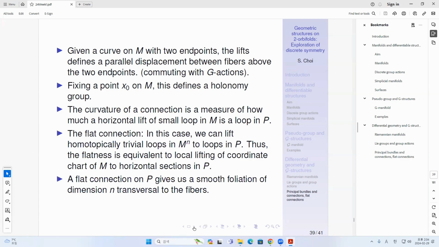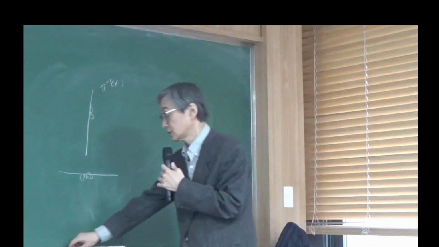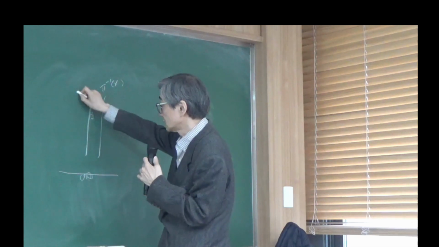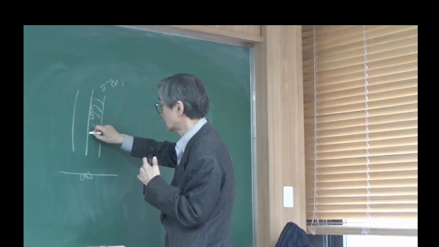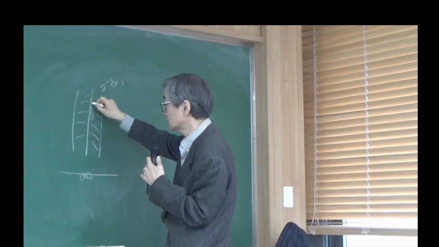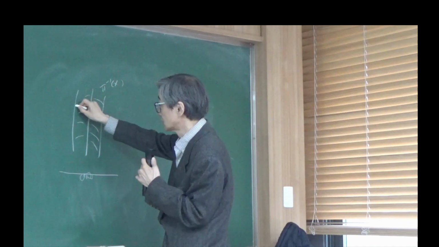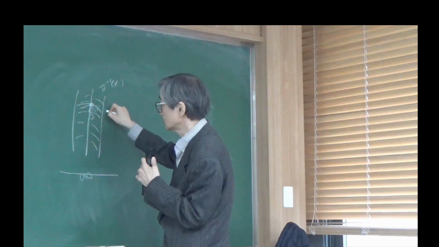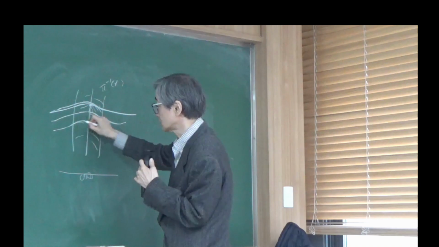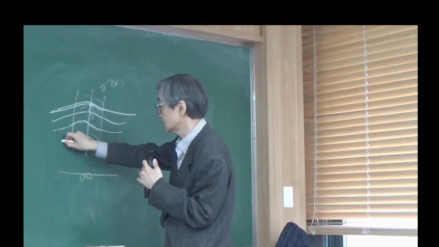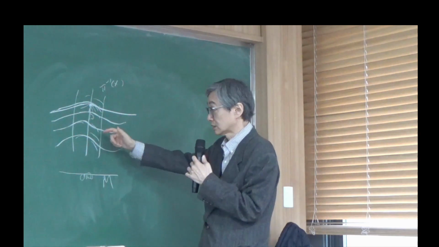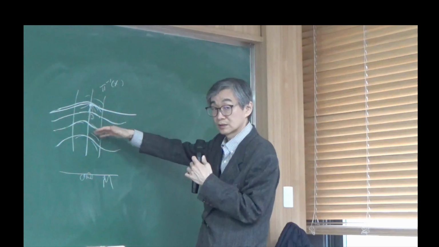Because you can lift all the trivial loops, you can make a connection between all these paths, and whenever you come back to the same point, from here you can always extend to every other point, so you get leaves. I'm drawing two dimensions with a one-dimensional manifold, but in higher dimensions these leaves will be well formed.